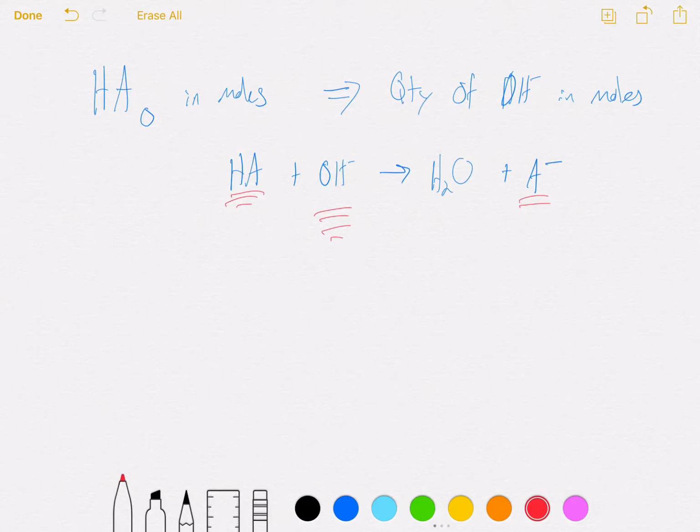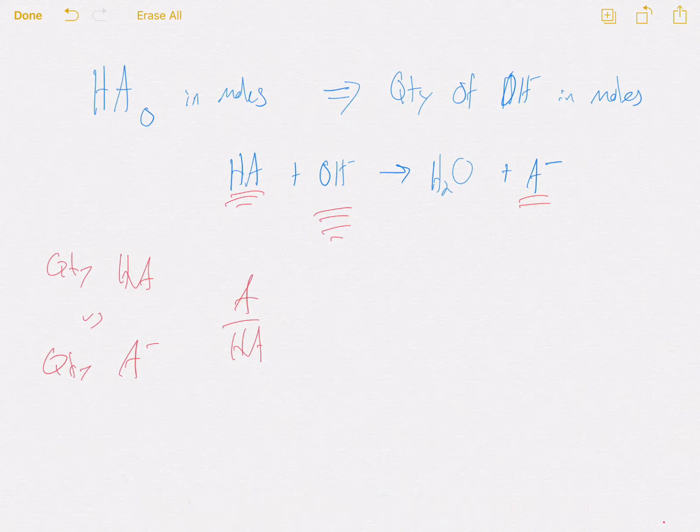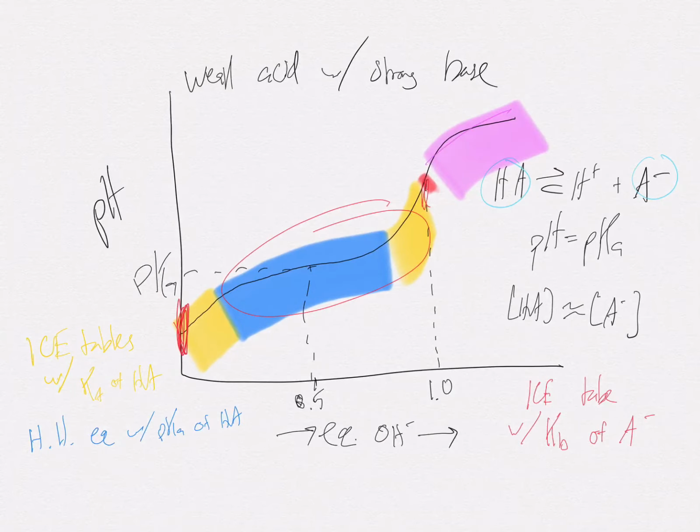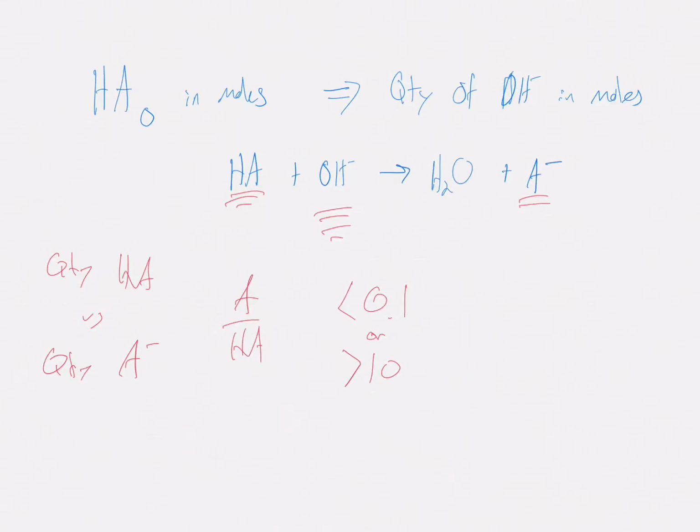So after adding titrant, you figure out your quantity of HA versus your quantity of A minus, and put that in your A to HA ratio. If it is less than 0.1 or greater than 10, then you know you're not in the buffer zone, which means you have to do an ICE table.